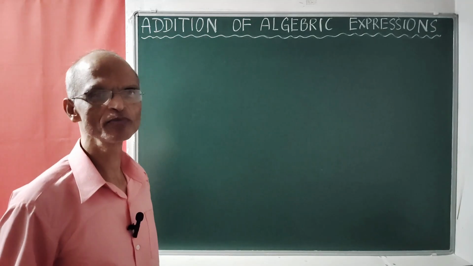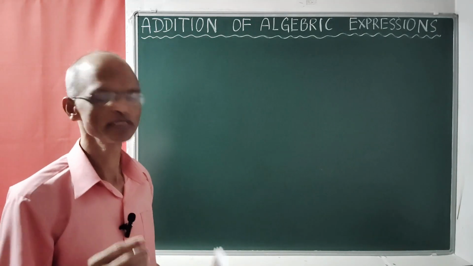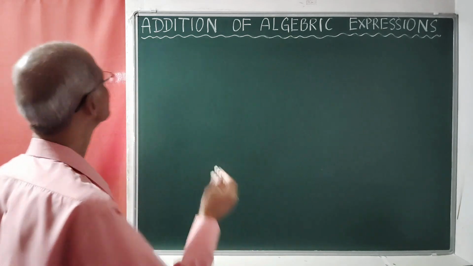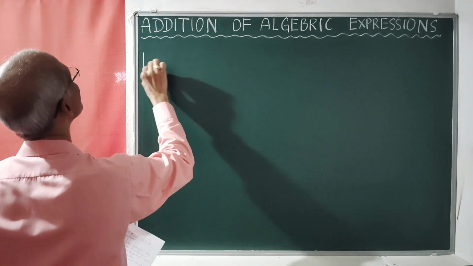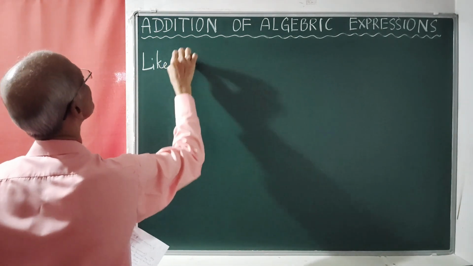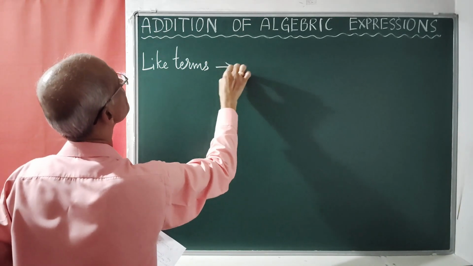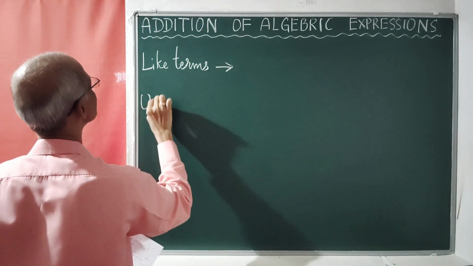Among algebraic terms, there are 2 types of terms. We will see the 2 types of algebraic terms. Like terms, and there are unlike terms.